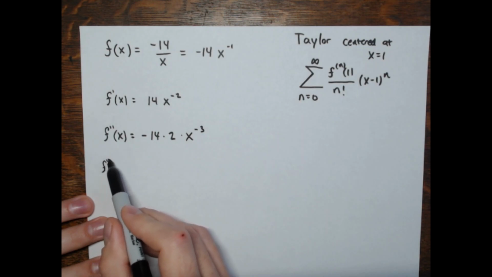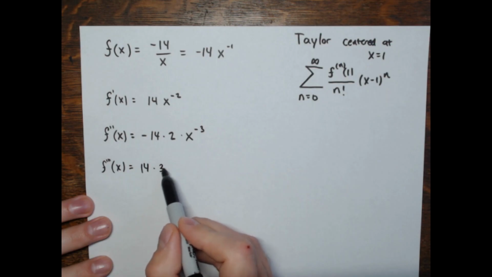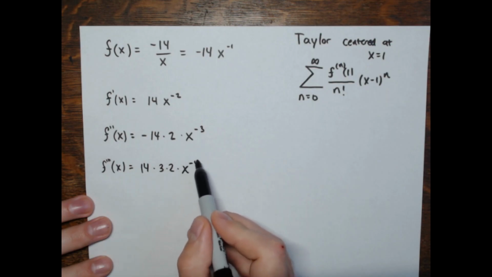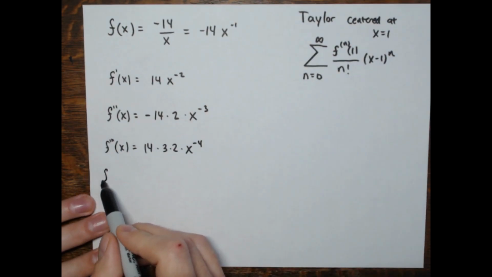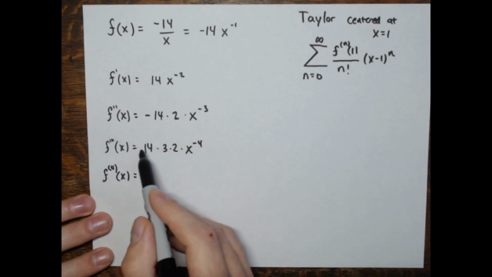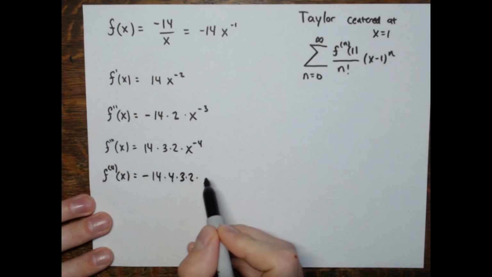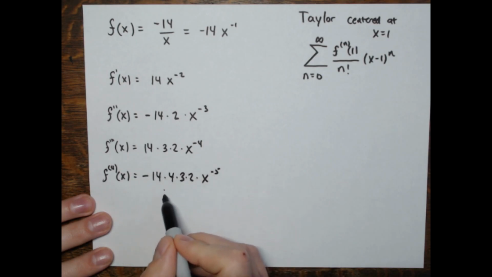And then the third derivative would be positive 14 times 3 times 2 times x to the -4. And I'll do one more, and hopefully you can see it. I can see it already, but this would be negative 14 times 4 times 3 times 2, and then x to the -5th, and so on.